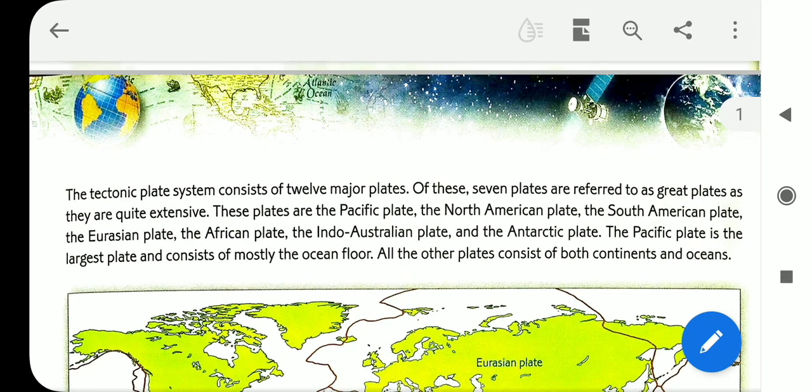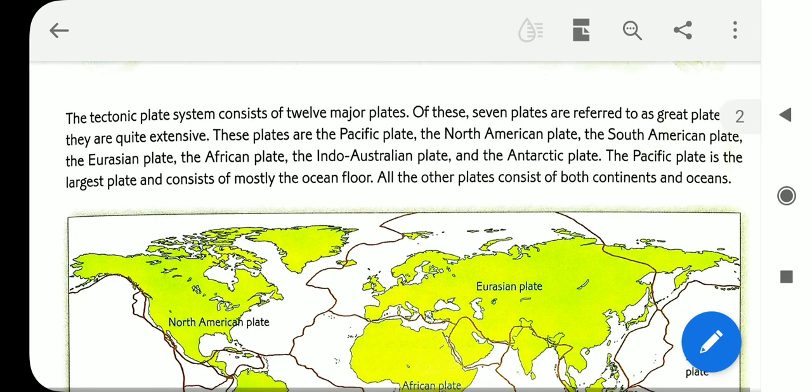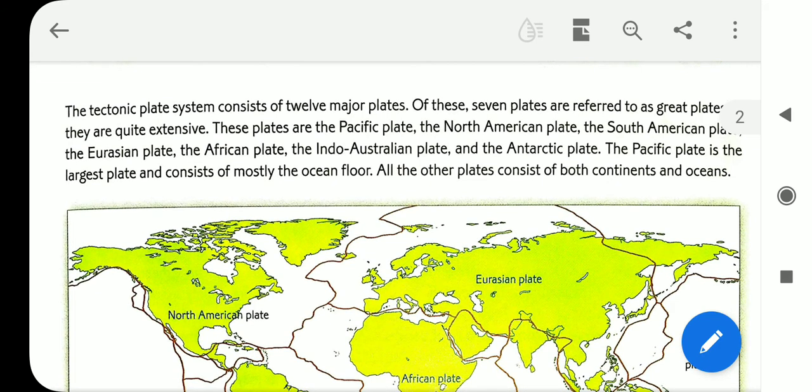The tectonic plate system consists of 12 major plates. Of these, 7 plates are referred to as great plates. Out of 12, there are 7 large or great tectonic plates, and these are quite extensive.